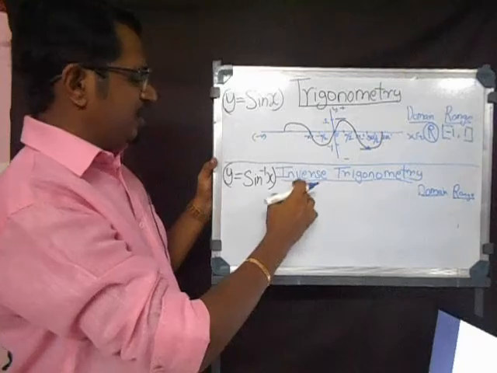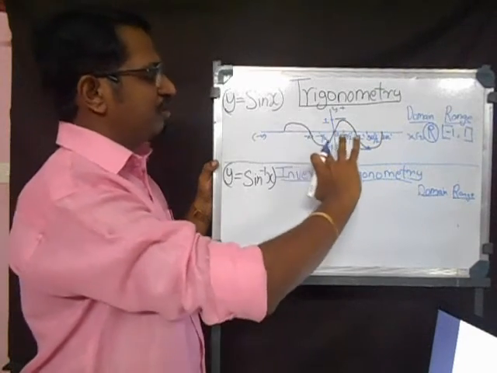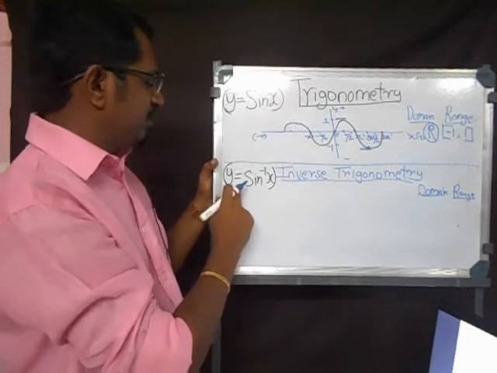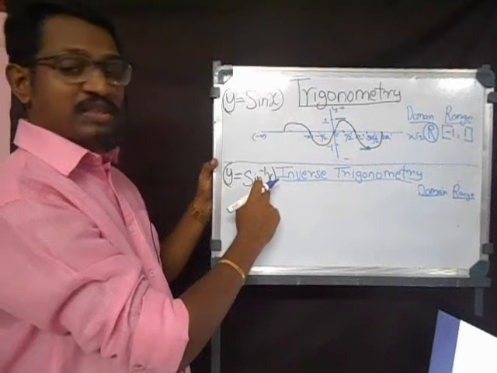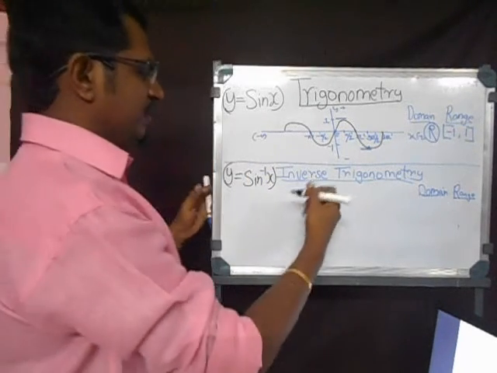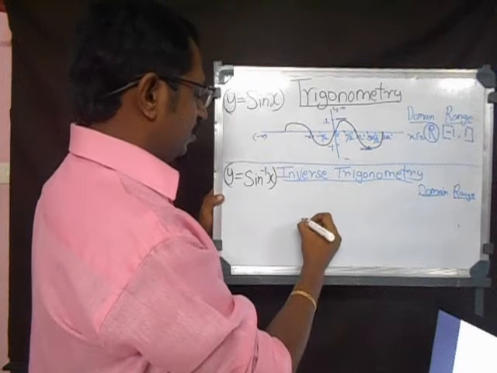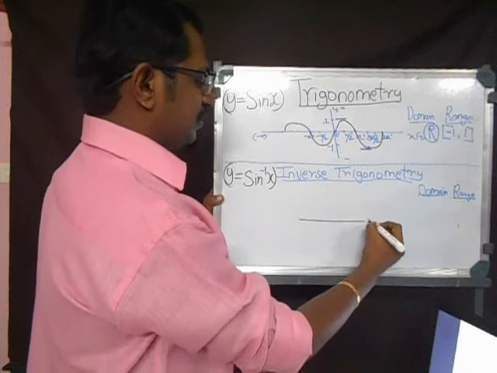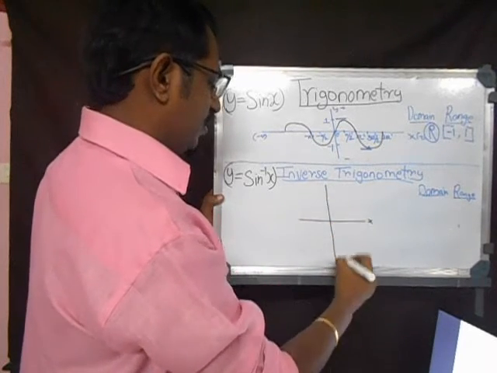Now we go for the inverse. The inverse is the reverse of this, that is y is equal to sin inverse x. Now let's draw how the graph will look. This is your x-axis and this is your y-axis.